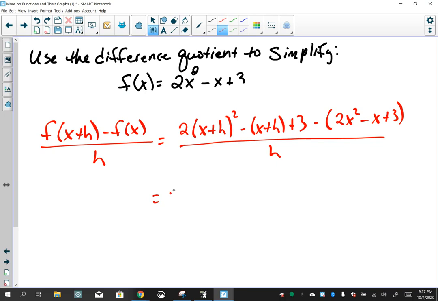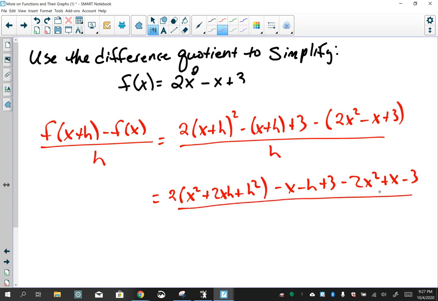So that gives me 2x squared plus 2xh plus h squared minus x minus h plus 3 minus 2x squared plus x minus 3. All of this over h.